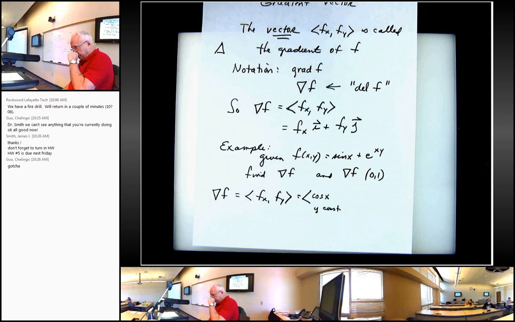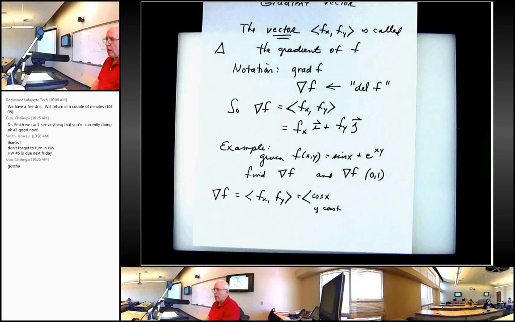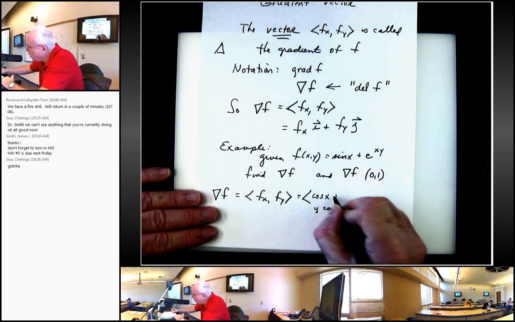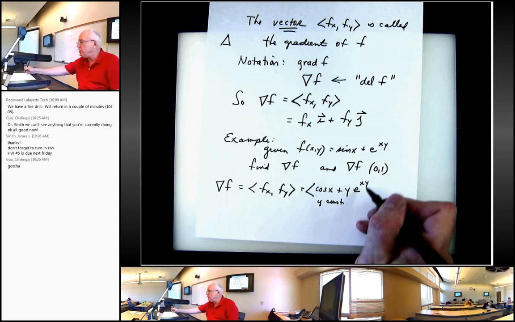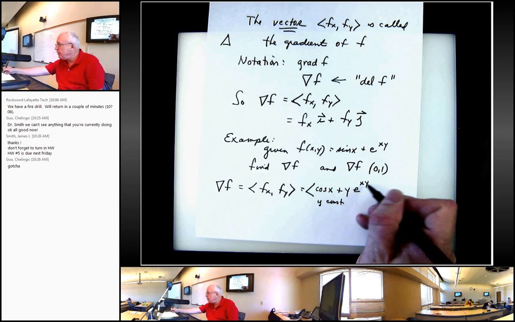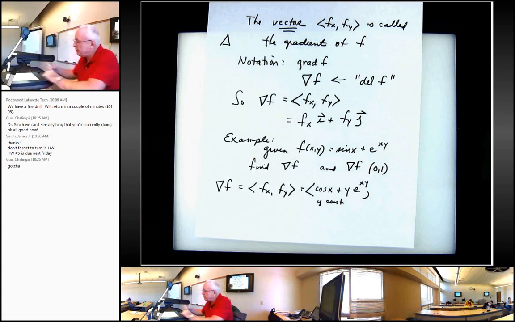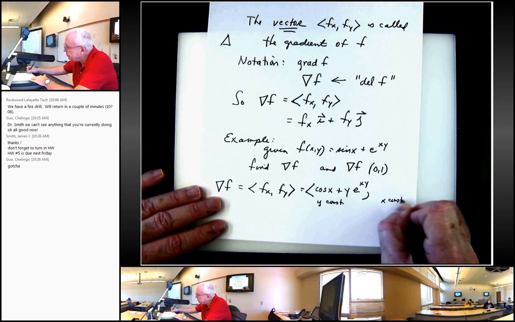So what's that partial derivative of e to the xy going to become? Plus y e to the xy. We have to do the chain rule with the xy, and the derivative of xy with respect to x is just the y. So we put our comma there, and now we do our fy where x is constant.